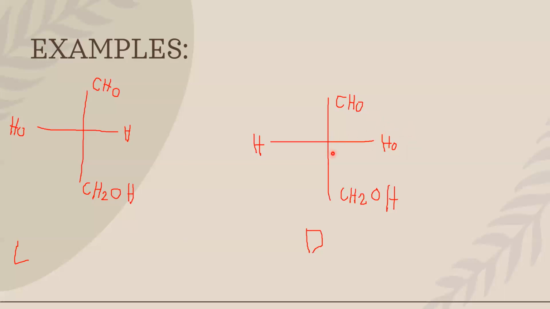So at the chiral center, we have the carbon here, and the OH group is located on the right side. And in the L-glyceraldehyde, the OH group is located on the left side, or this is an example of a left-handed isomer.